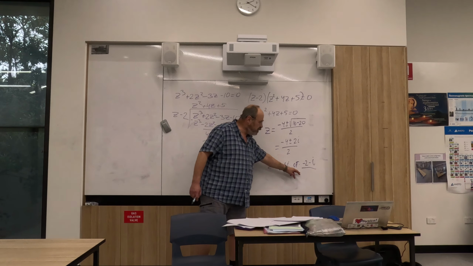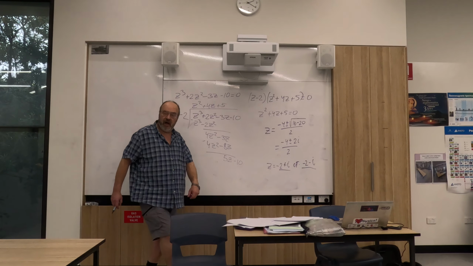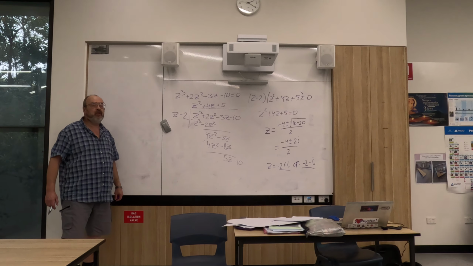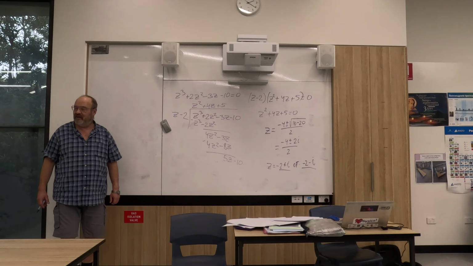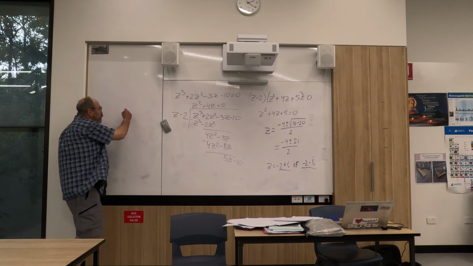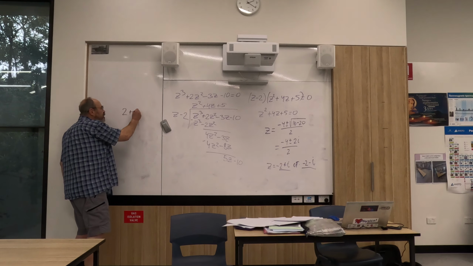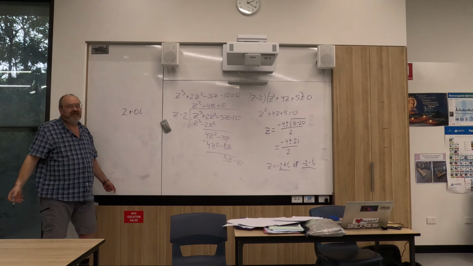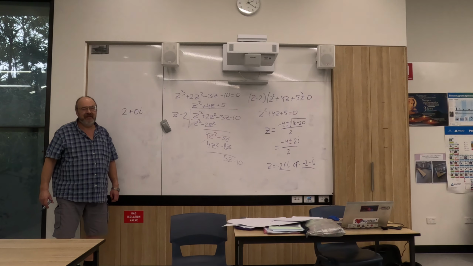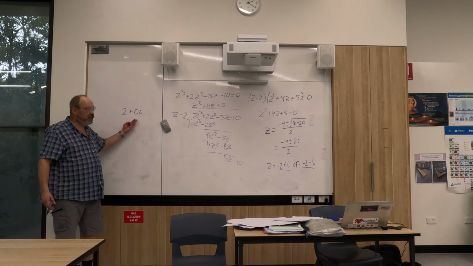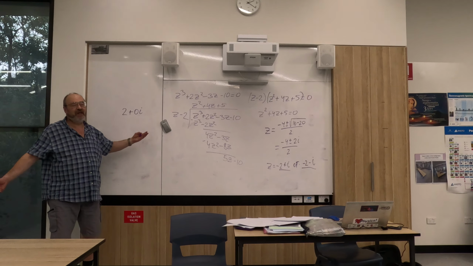Minus 2 plus i, minus 2 minus i are conjugates. And what about 2? Because 2 is 2 plus 0i, it is conjugate to itself. Number 2 is 2 plus 0i, the same as 2 minus 0i.